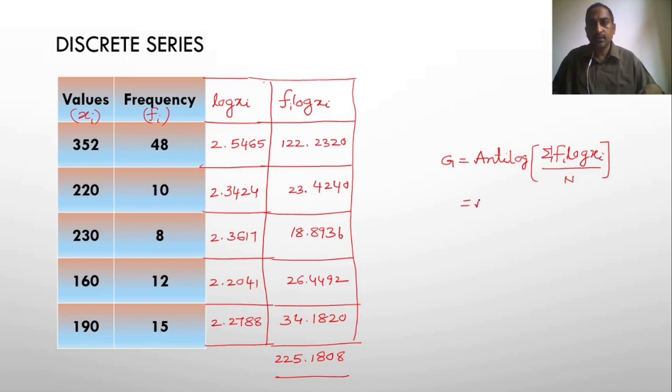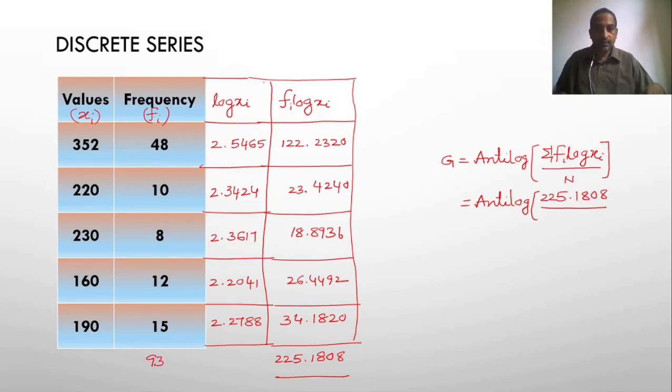This is anti-log of 225.1808 by n, where n is the total frequency. Total frequency is 93.